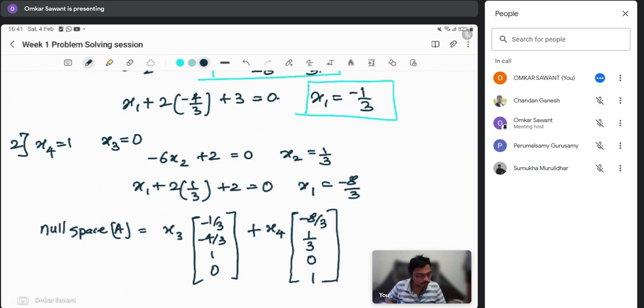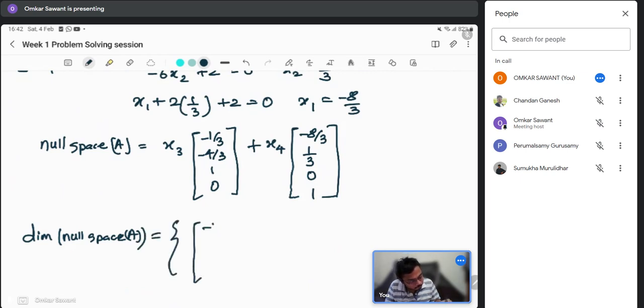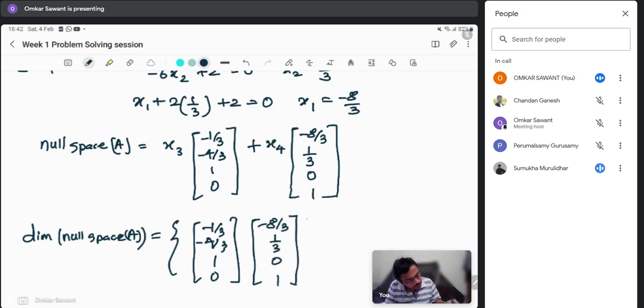Yes, sir. So what is the dimension of your null space, or how do we give the null space? How many vectors are there? Four vectors? Oh, two. Two, right?